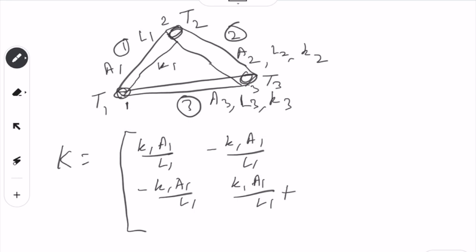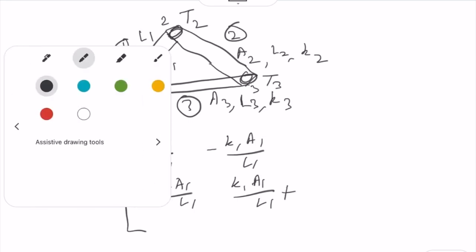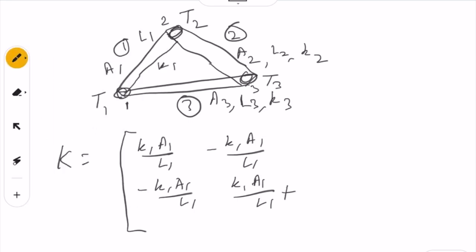So we can write here, this is 1, this is 2, let's have 3 here, similarly 1, 2, and we have 3 somewhere here.